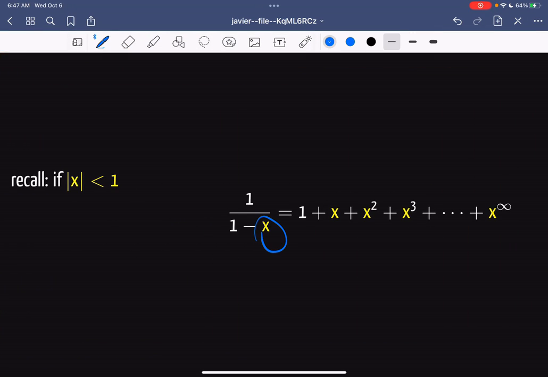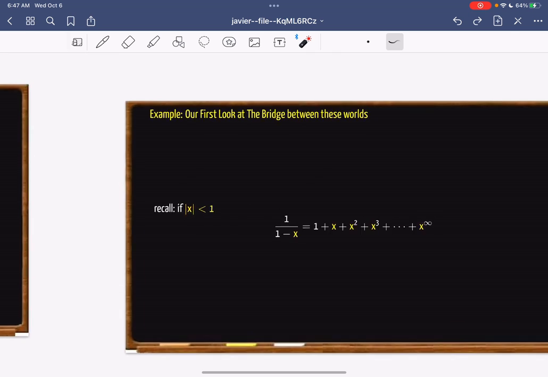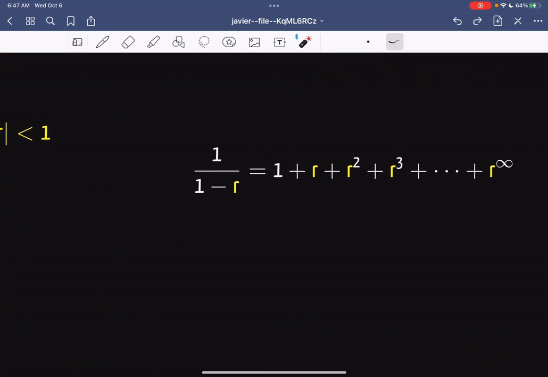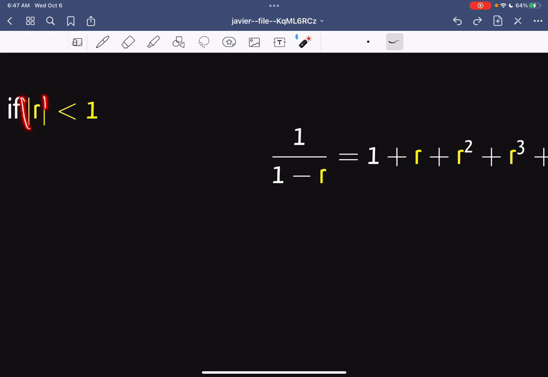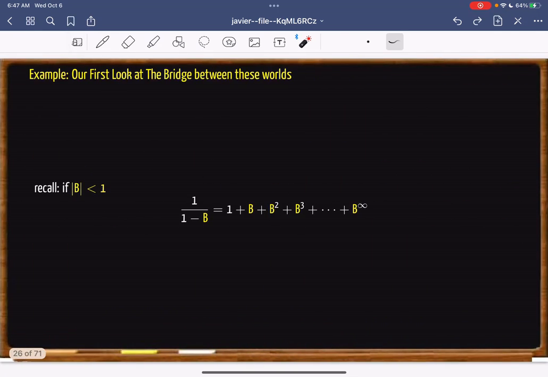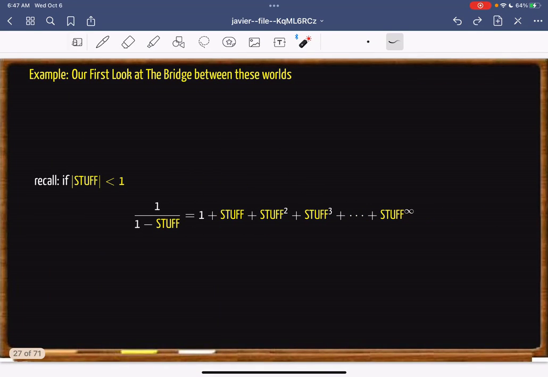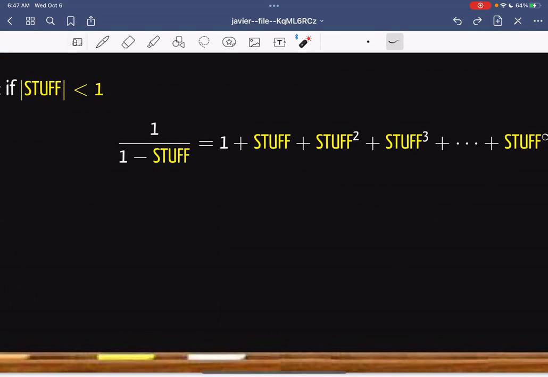There's really absolutely nothing special about x. It is so ambiguous. It's like a variable. We could replace it with anything other than x. For example, r. R would work, so long as you have the same condition, the absolute value of r is less than 1, obviously it would still work. You could replace it with b. You could replace it with any kind of stuff. And so that's exactly what we're going to do.